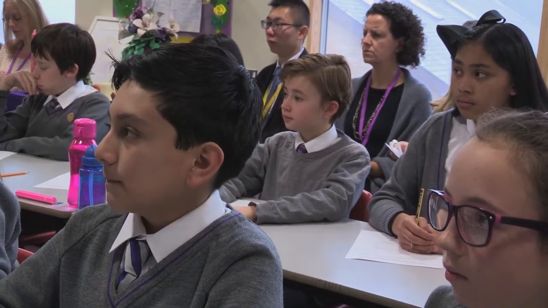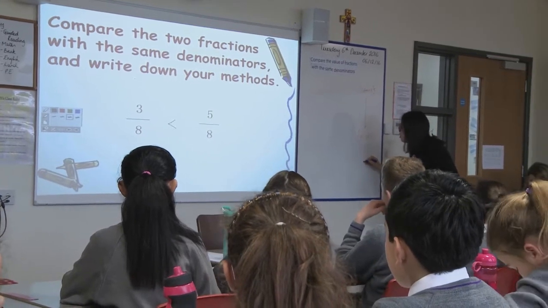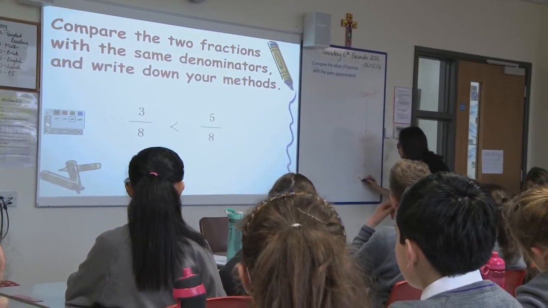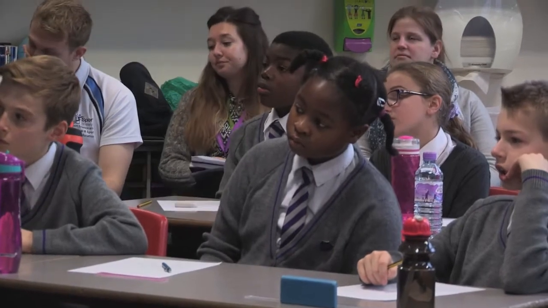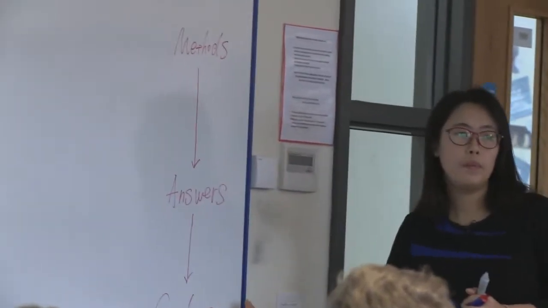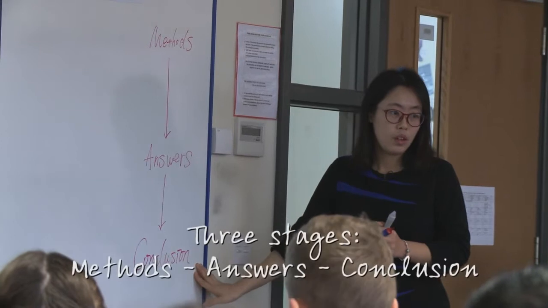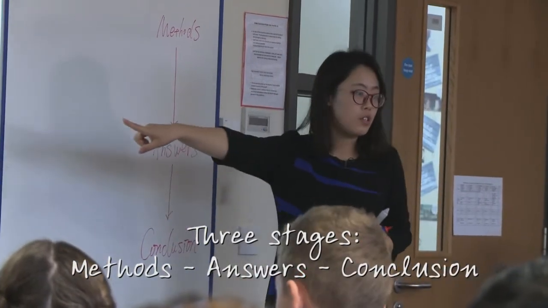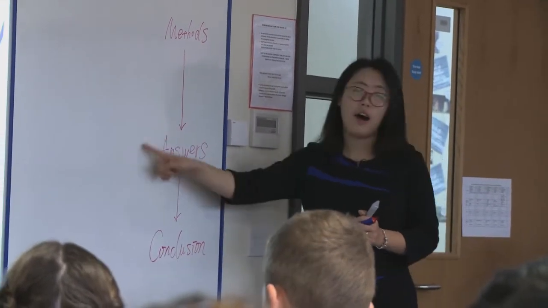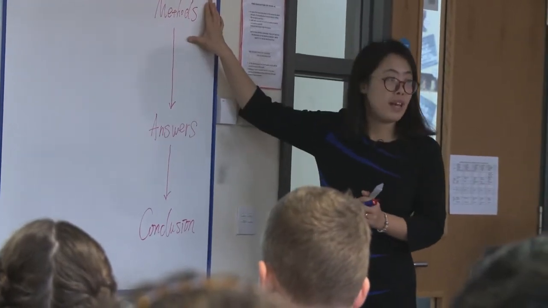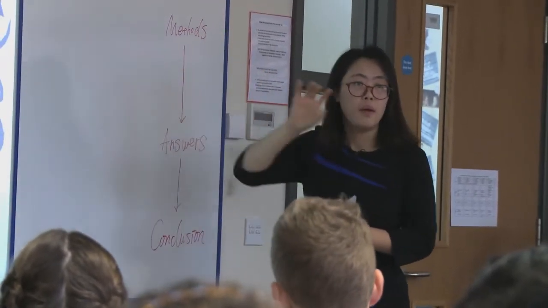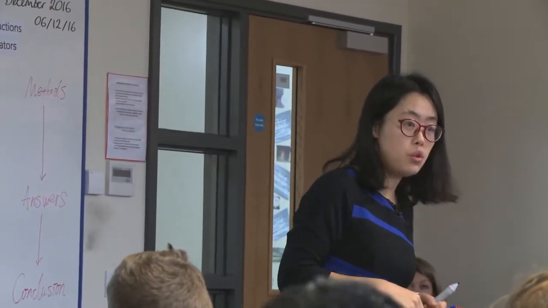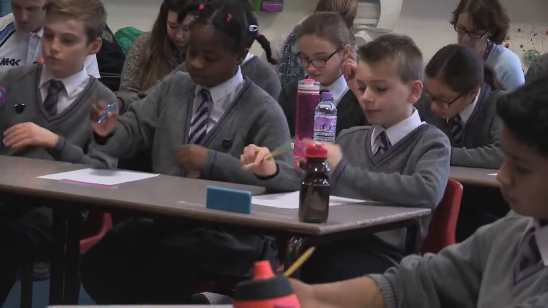According to the answers, we can make a conclusion. It's an answer, but not a method. What's a method? Maybe you can draw a picture to explain. Okay, try again.